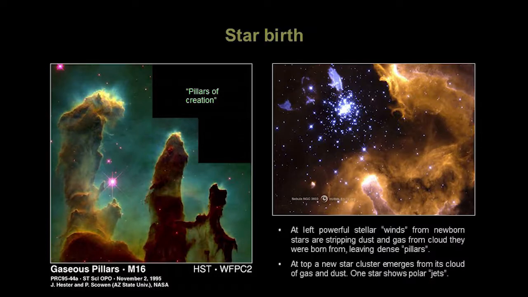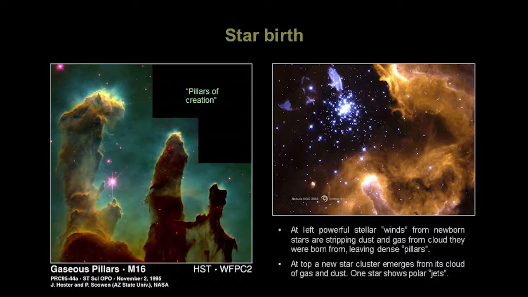That energy erodes away the gas and dust and basically clears it away, as you see here, that opens up the cloud, allowing us to peer into it and see those stars.